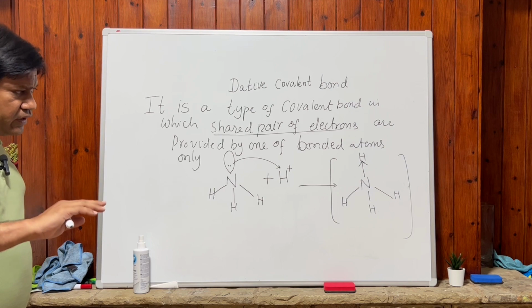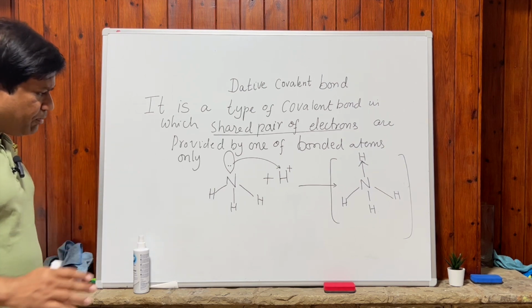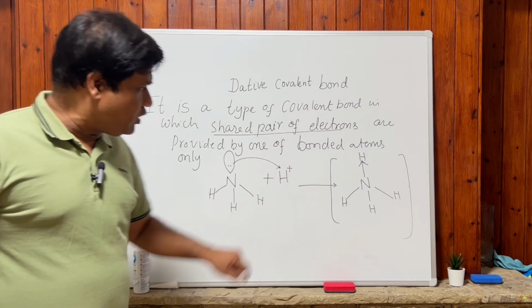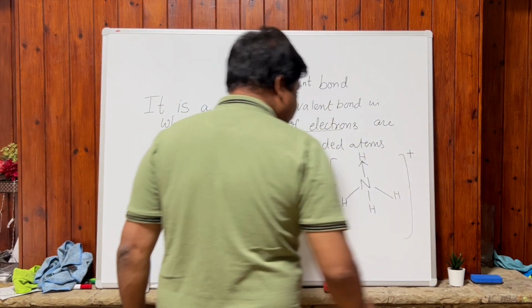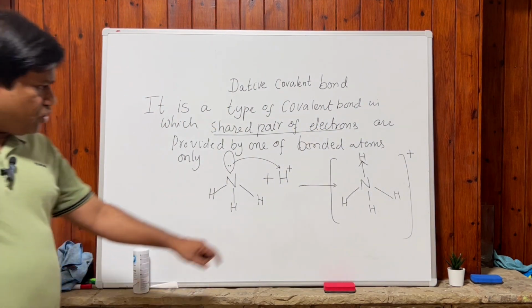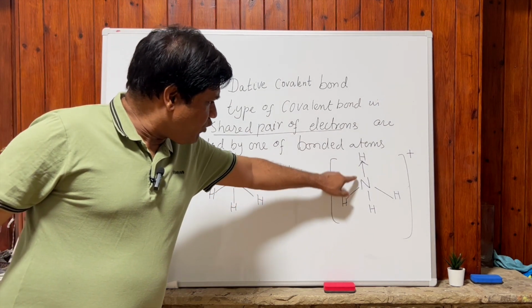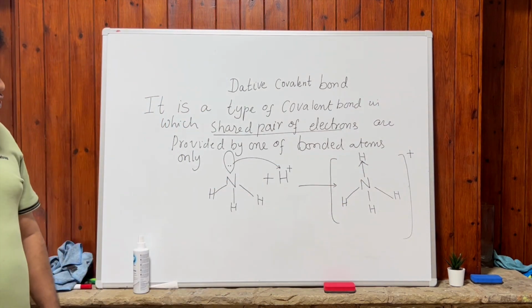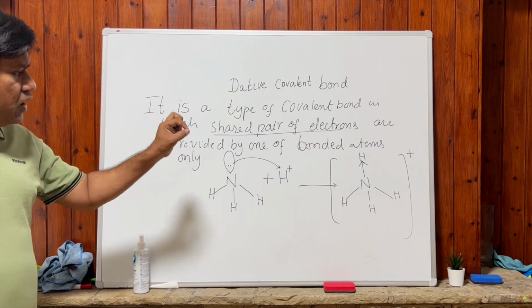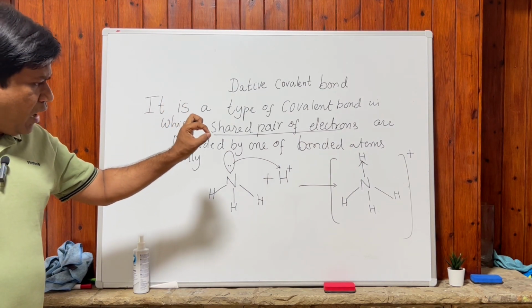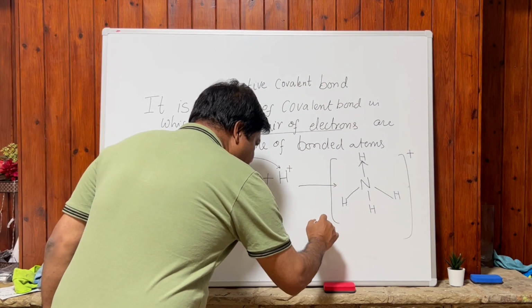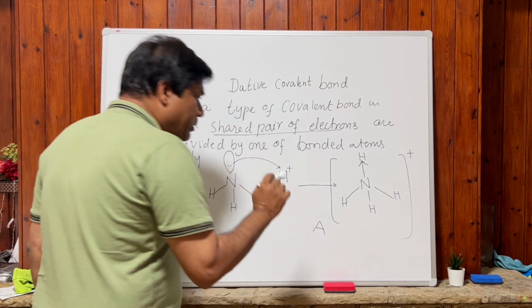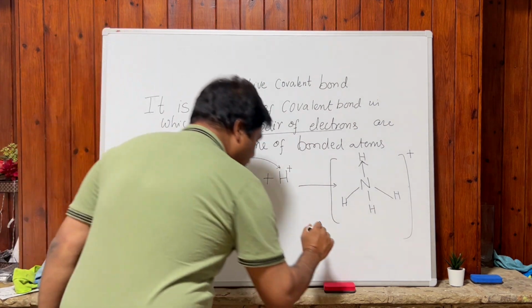If it is giving away a pair of electrons to make a dative bond, we have to write an overall positive charge on the nitrogen, because nitrogen donated a pair of electrons towards hydrogen, and this is called ammonium ion. When we have the suffix -ium, it means a positive charge ion, ammonium.